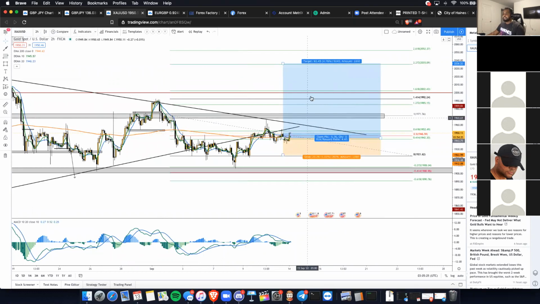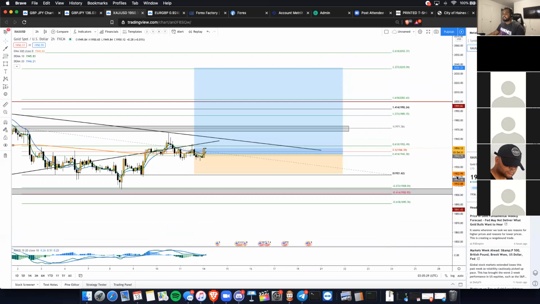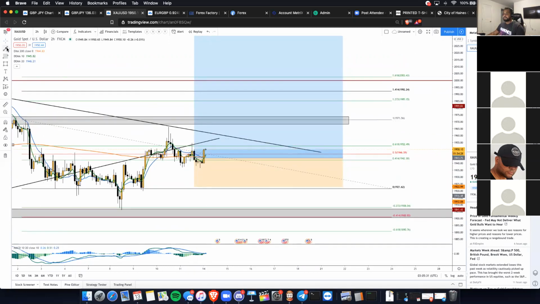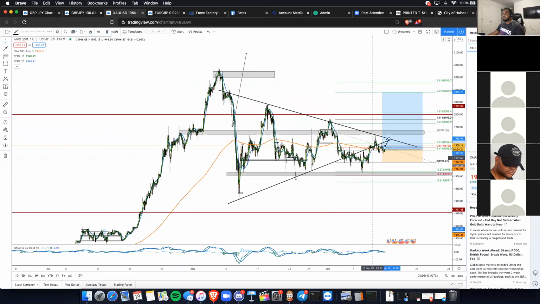But before she hits that, we have 2 levels that we have to look at and be cautious of. The first one is going to be the trend line here, which is also going to be a retest of an important trend that we have here.